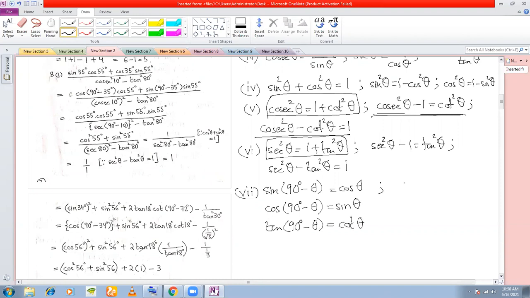Similarly, cos 90 minus theta is equal to sin theta, sin 90 degree minus theta is equal to cos theta, and cot 90 degree minus theta is equal to tan theta.